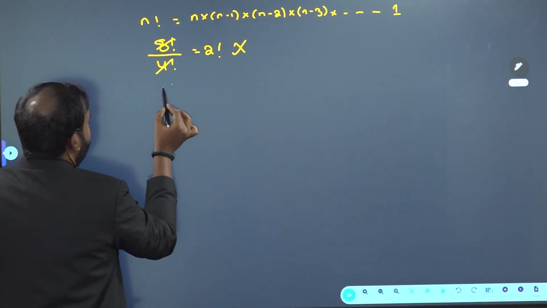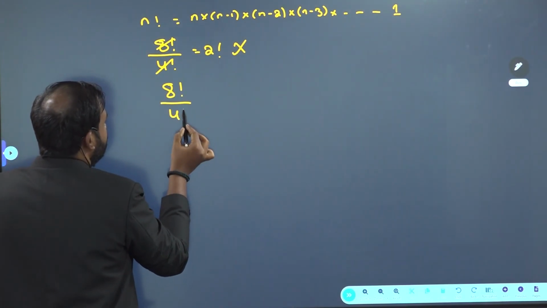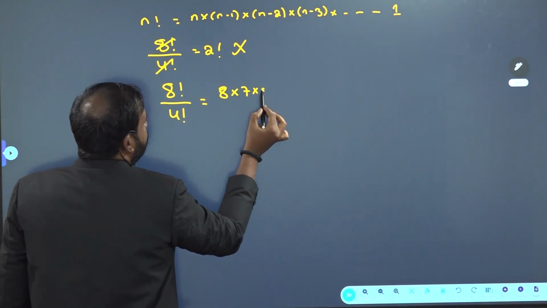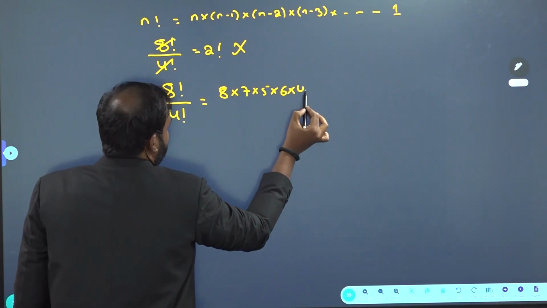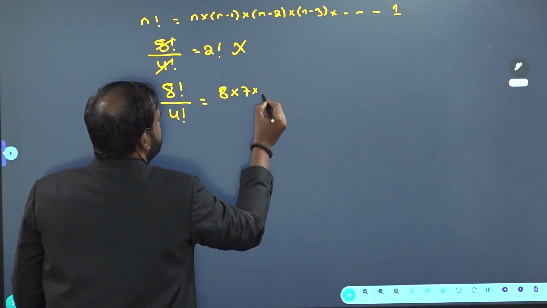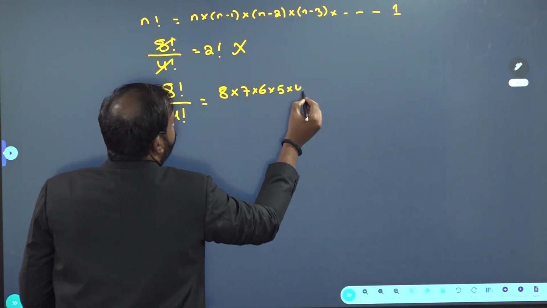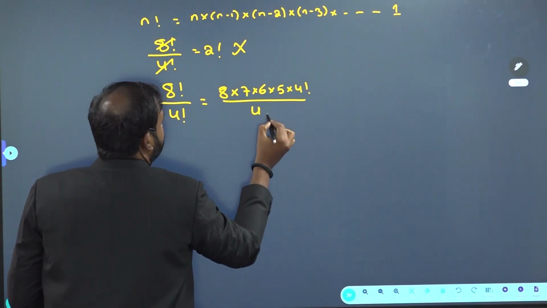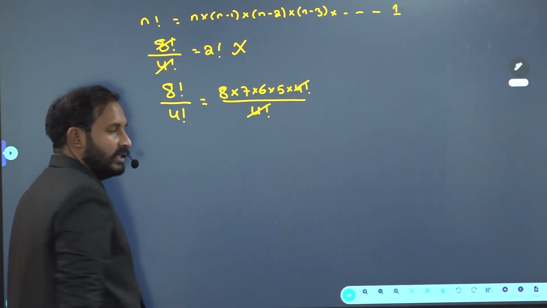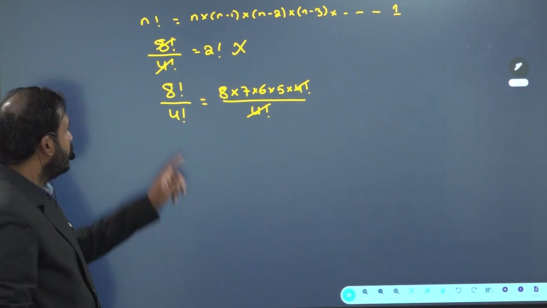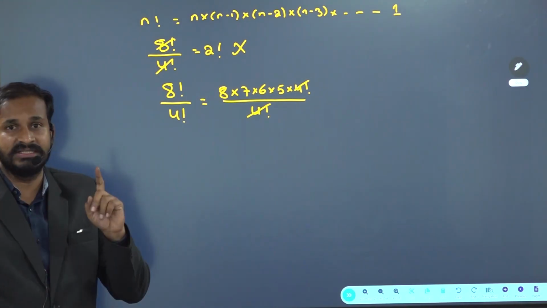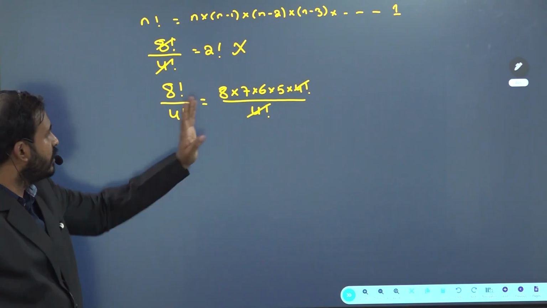If I have 8 factorial by 4 factorial, I write it as 8 into 7 into 6 into 5 into 4 factorial by 4 factorial. Now you can cancel 4 factorial with 4 factorial. There is nothing wrong in that. But don't cancel 4 factorial directly with 8 factorial and write it as 2 factorial. That is a mistake. You should not do that.